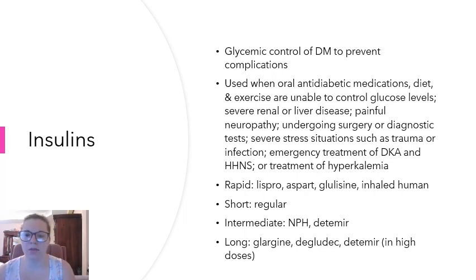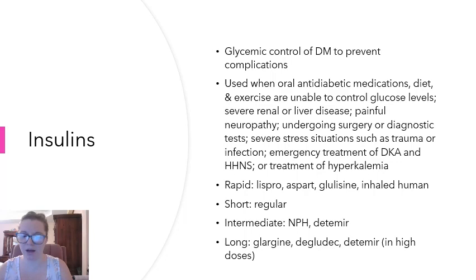They can also jump directly to insulins in the event of severe renal or liver disease, as those were concerns with your oral hypoglycemics, remember? So oral hypoglycemics may not be a good choice for them and they may just jump to insulin.